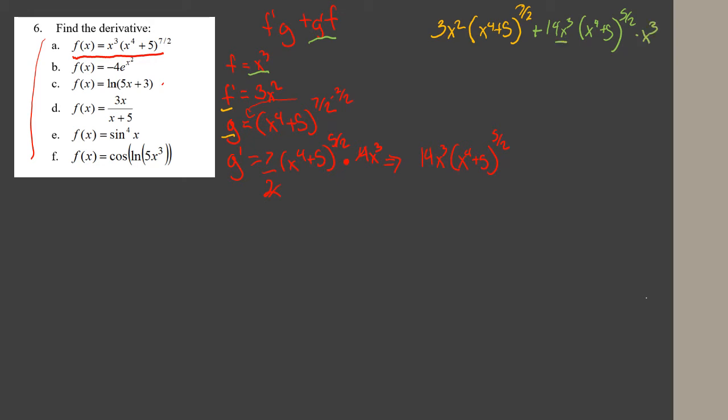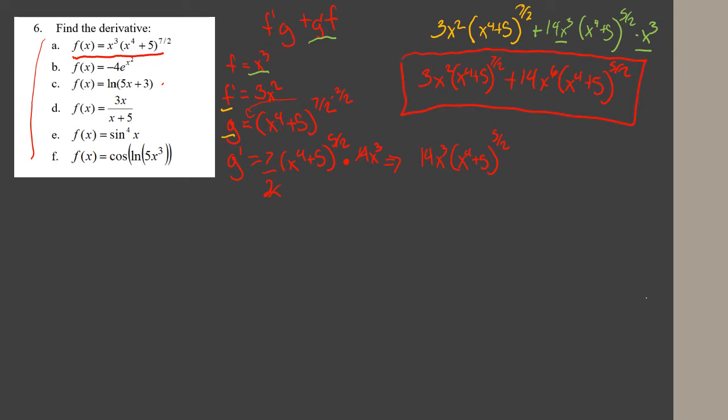And we can combine these two. 3 plus 3 is 6. So our final answer is 3x squared times the quantity x to the 4th plus 5, all of that raised to the 7 halves, plus 14x to the 6th times the quantity x to the 4th plus 5, all raised to the 5/2.